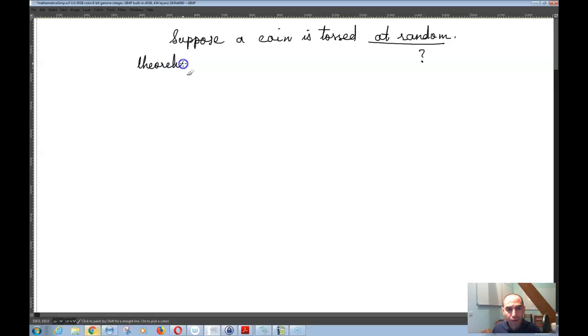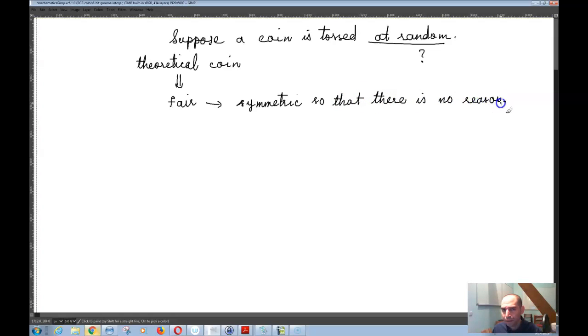It's a theoretical coin, meaning that we mean the coin to be a fair coin, meaning that it is symmetric, so there is no reason for it to come down more often on one side than on the other.